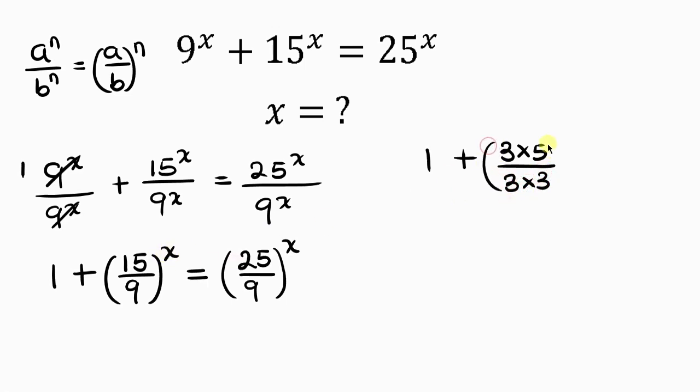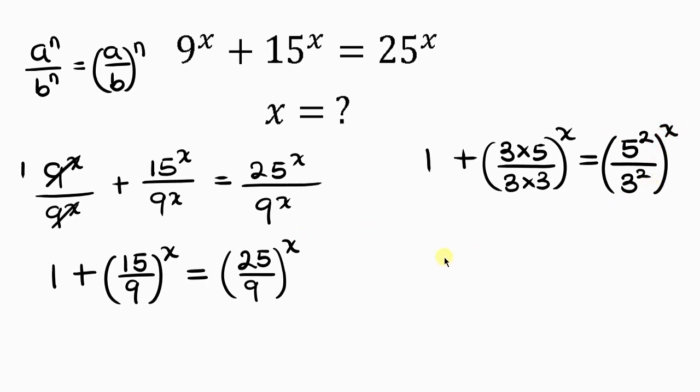This is equal to, now notice that 25 is a perfect square, which means it can be written as 5 squared all over 9, which is also a perfect square, so it can be written as 3 squared. And these are raised to the power of x.